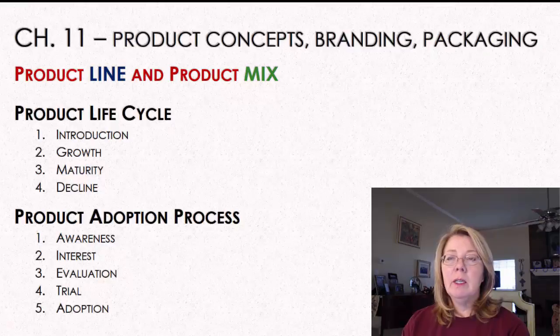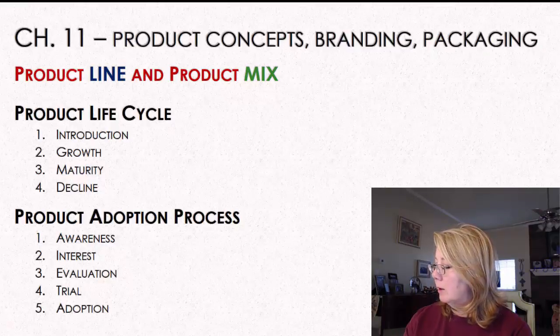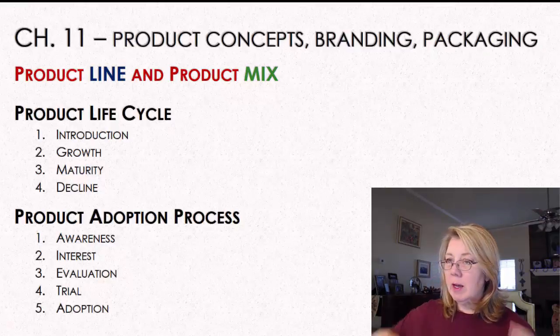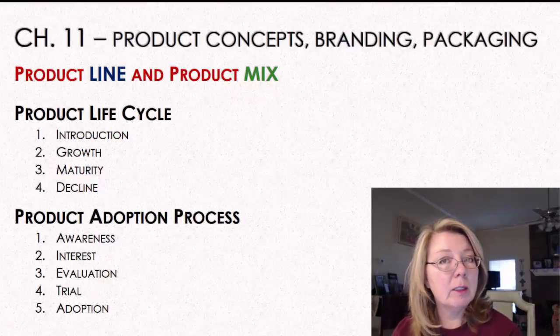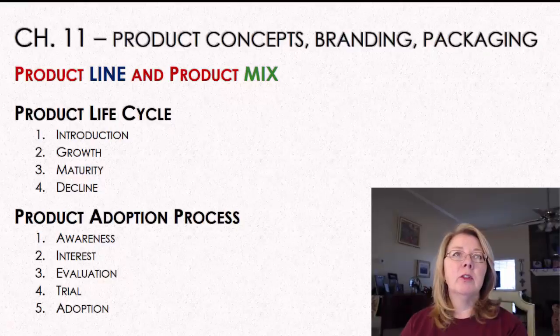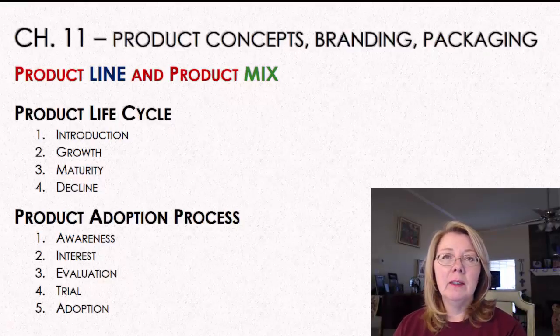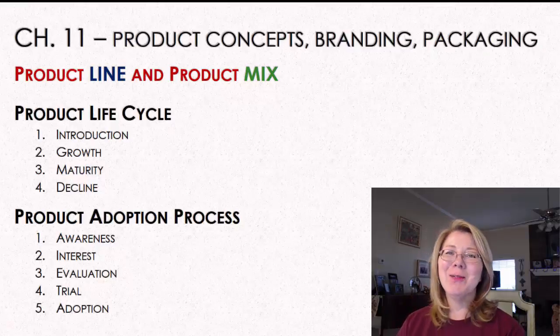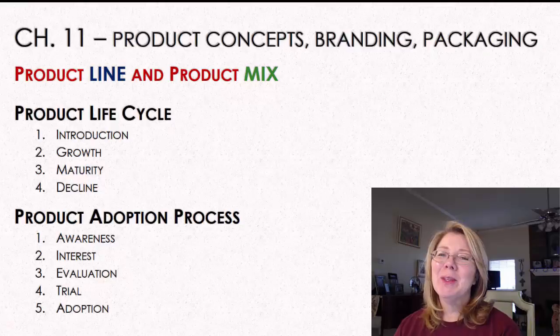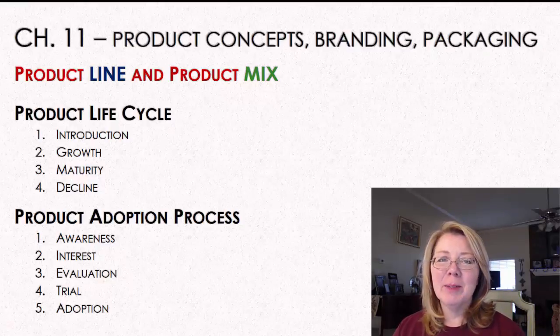So when you talk about the width of a product mix, you're talking about how many different lines are included in that product mix. And if you're talking about product depth, that is an average for how many different product items are in the different product lines that make up a company's product mix. So hopefully that makes sense. Okay, so just get your arms around those different terms and concepts.